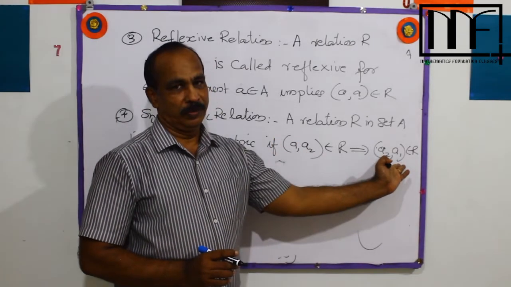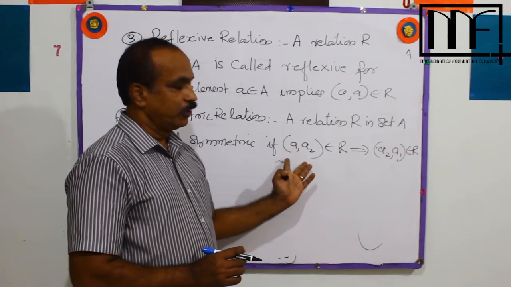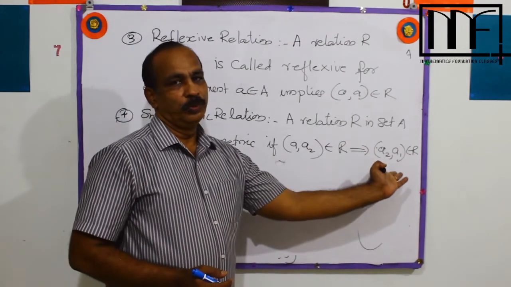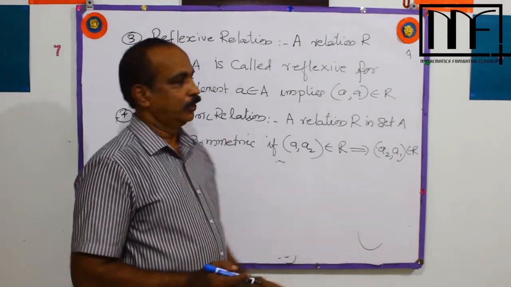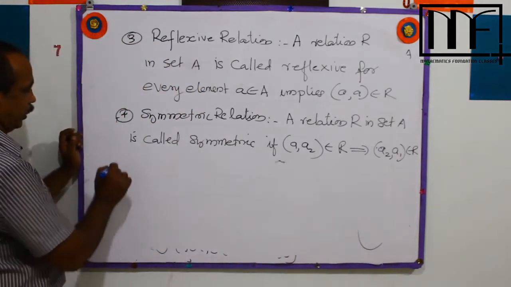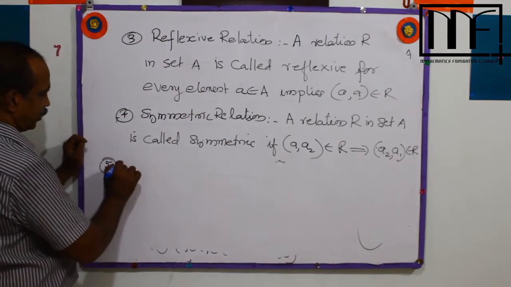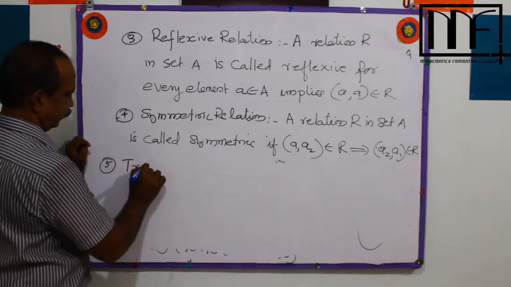If in the relation you find (2, 3), you will find (3, 2) also there. Such relations are called symmetric relations.